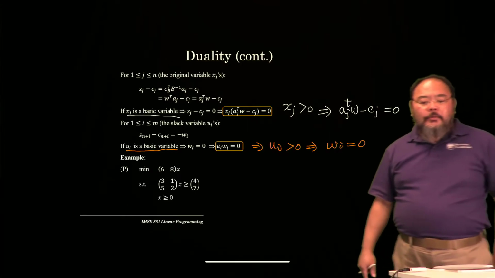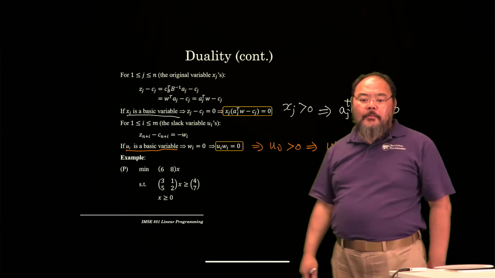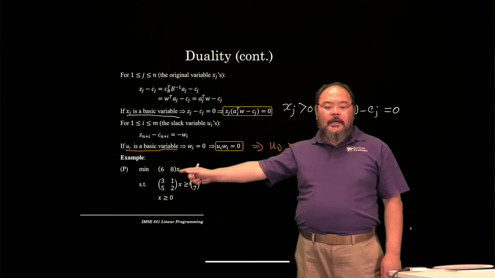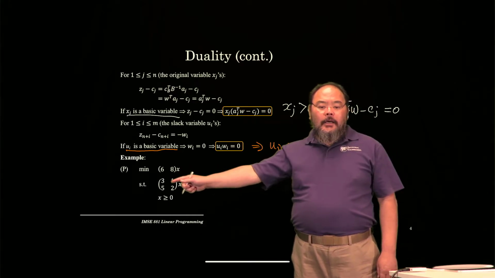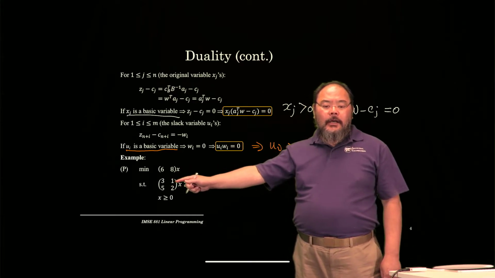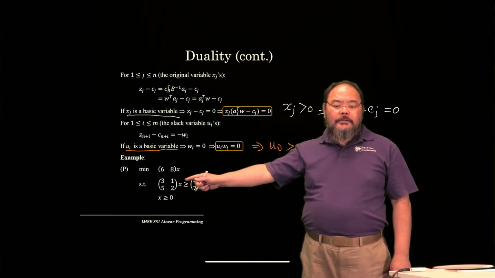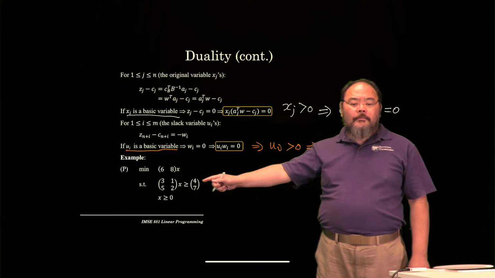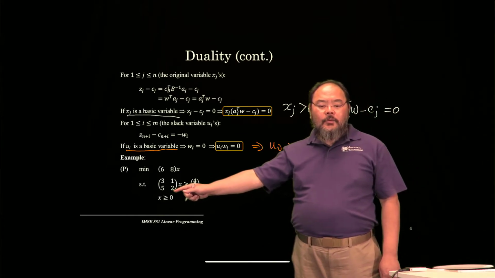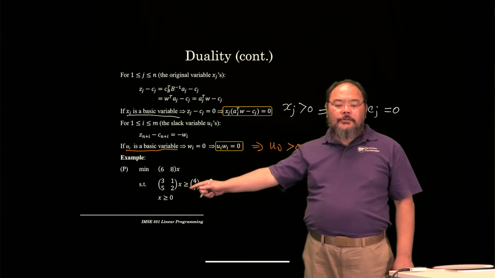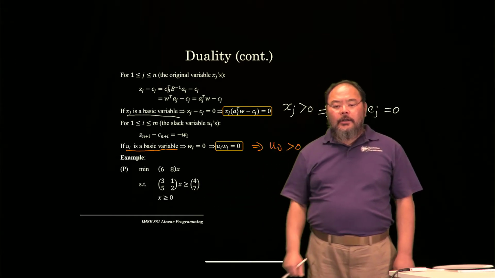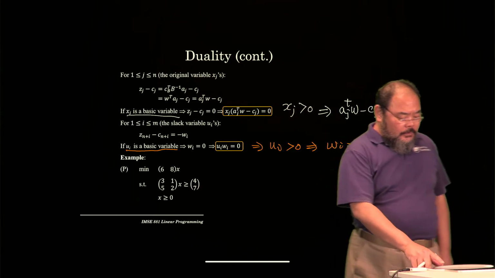Look at the example we have. Here we have a primal problem: minimize 6 times x1 plus 8 times x2, subject to 3 times x1 minus x2 greater than or equal to 4, and 5 times x1 plus 2 times x2 greater than or equal to 7. Both x1 and x2 are non-negative.